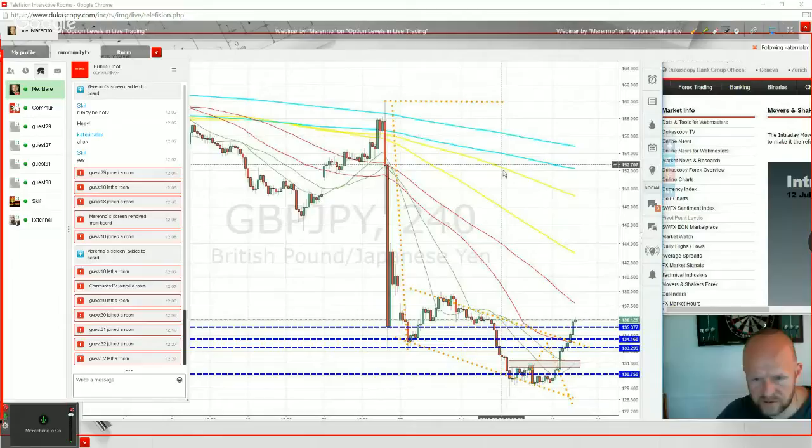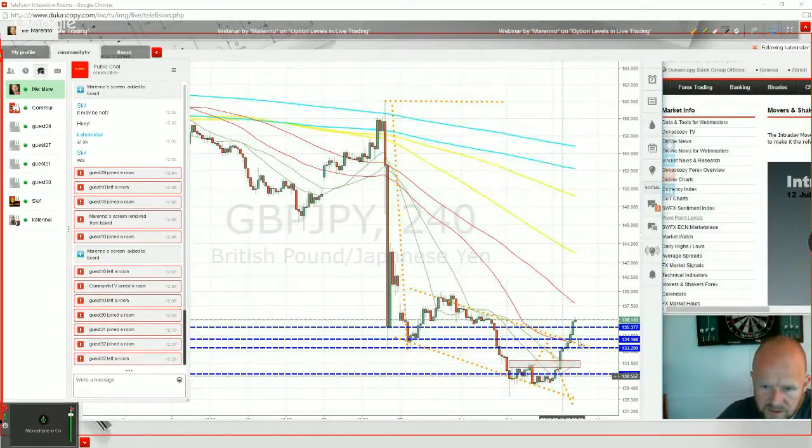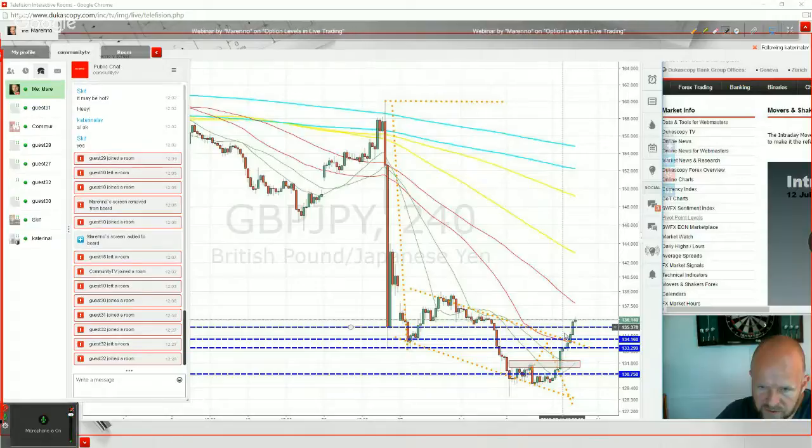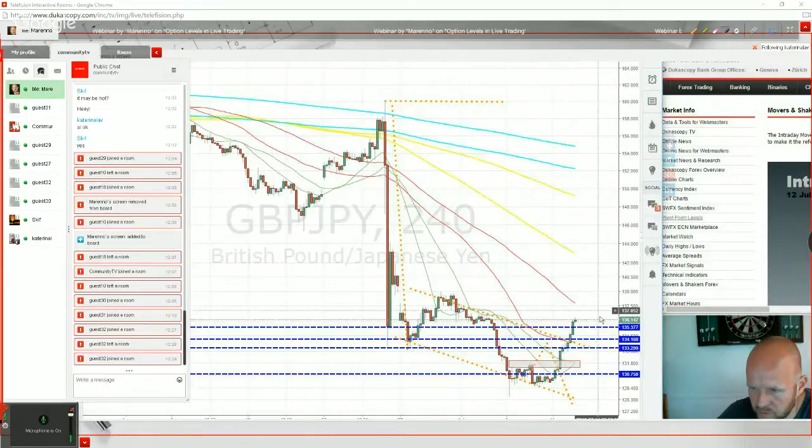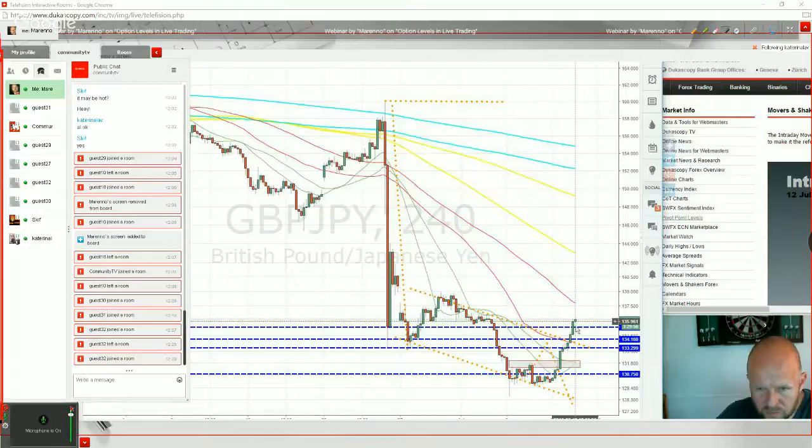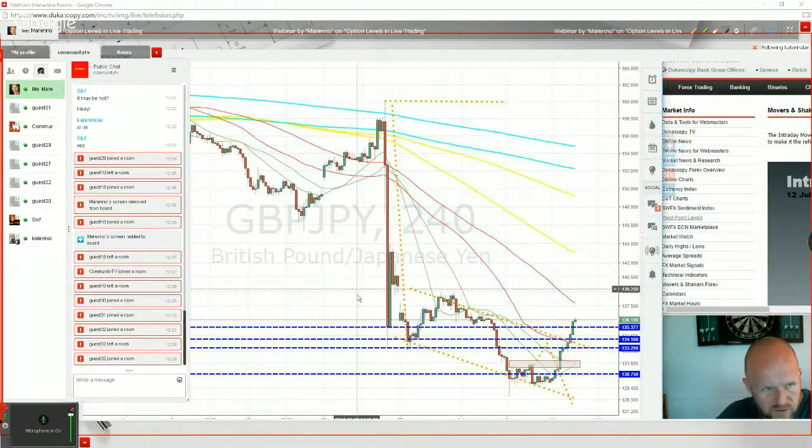Right, it's pound yen. Again, it's not a strength of the pound, it's a weakness of the yen at the moment. Hello guest 32, one more time. So basically what we see here is a beginning of a correctional phase on yen.